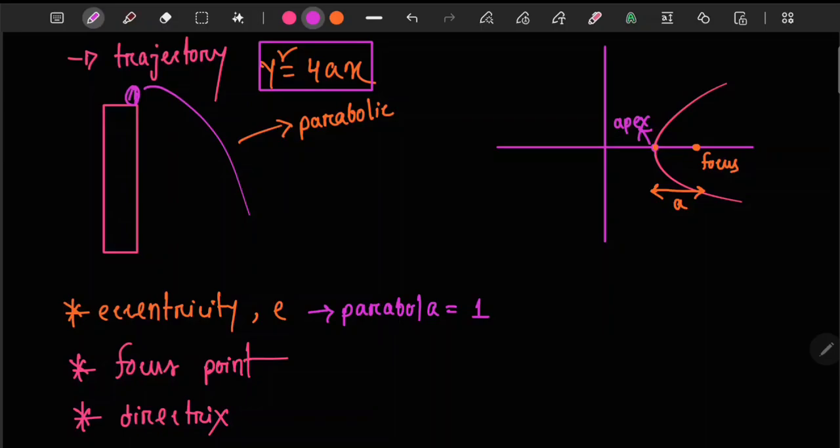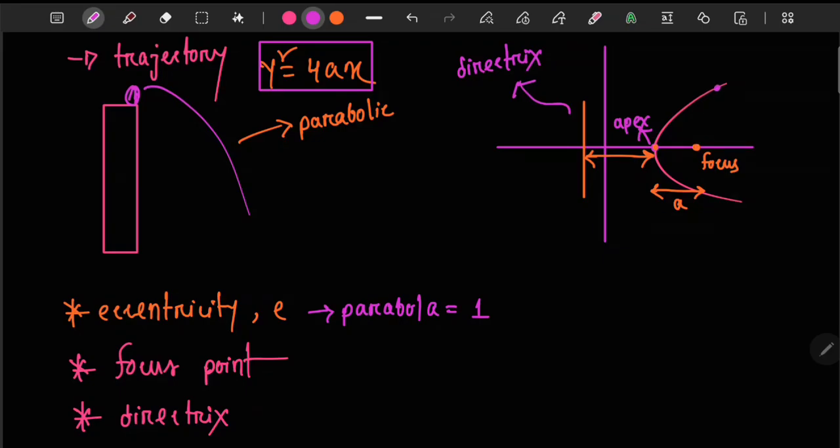But if we go the opposite side of the focus point, equal to A, we get the directrix. So that is the directrix. So why is this necessary to understand eccentricity?